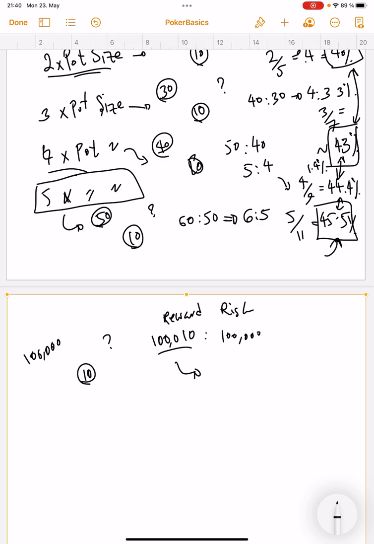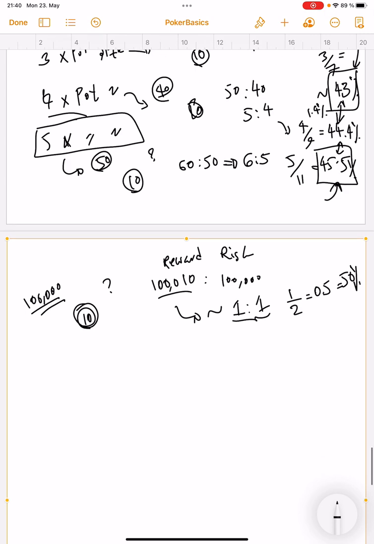So now if you take the ratio between the two, it is almost 1 to 1, because the pot size, 10, is so low compared to the amount of chips that he is putting, that this ratio goes to 1 to 1, or this is 1 over 2, or 0.5, or 50%.